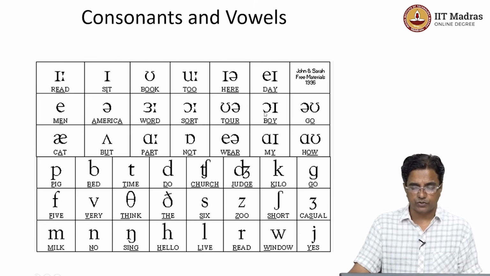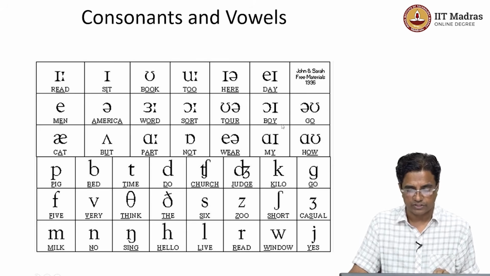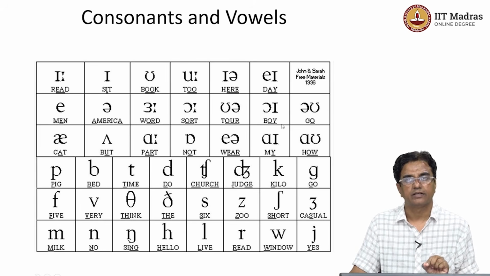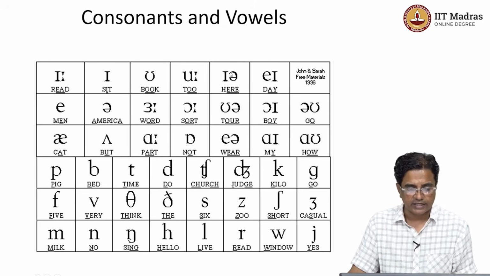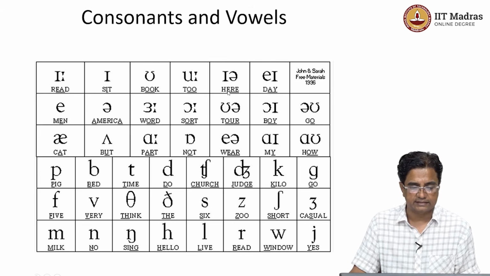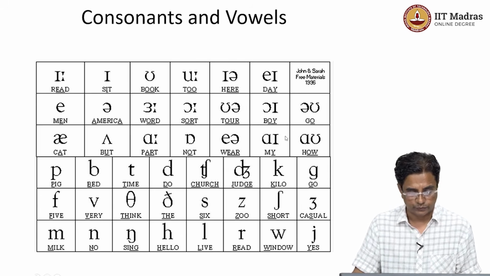Now, I want to draw your attention to some of these sounds which are called diphthongs, and I'll talk about them in detail again. So look at this. Ear, here. A as in day, U as in tour, Oi as in boy, and O as in go.